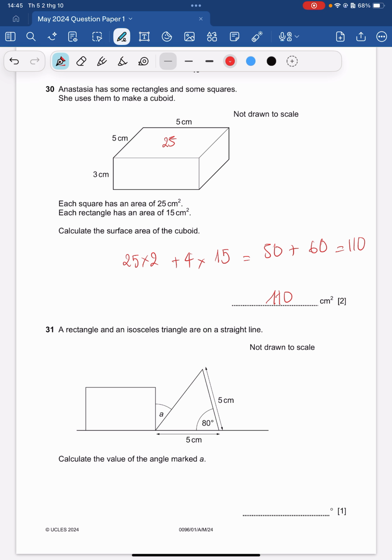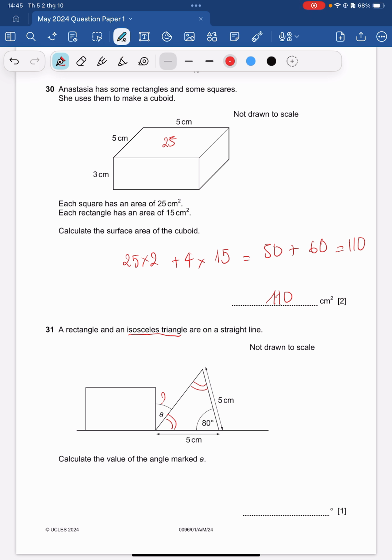Next, exercise 31. Calculate the value of angle A. Okay, you can see this triangle has two equal sides, the isosceles triangle, right? So the two angles are equal.